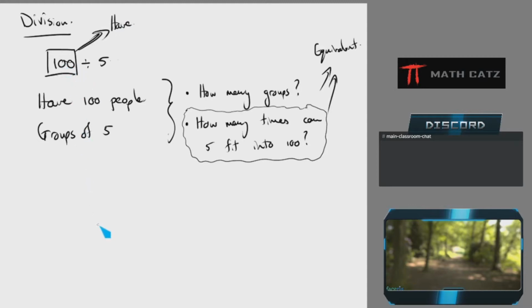Now the first one is what I have. And then the second number is my group size, if you will. It's the size of a group. And then the division tells me to fit in that group size into what I have and count how many times I can do that.